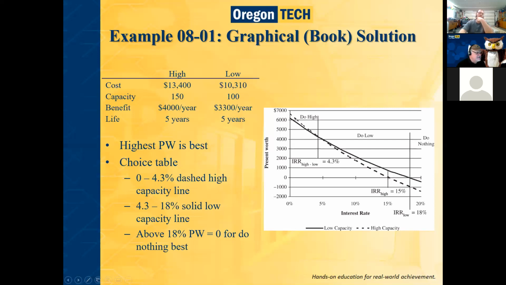Because what chapter 8 says is, okay, we have this different way we're going to do a snack cart. We can serve 100 customers per hour at this cost, or 150 customers at this cost. Now, different costs, different capacity levels. High cost, higher capacity.